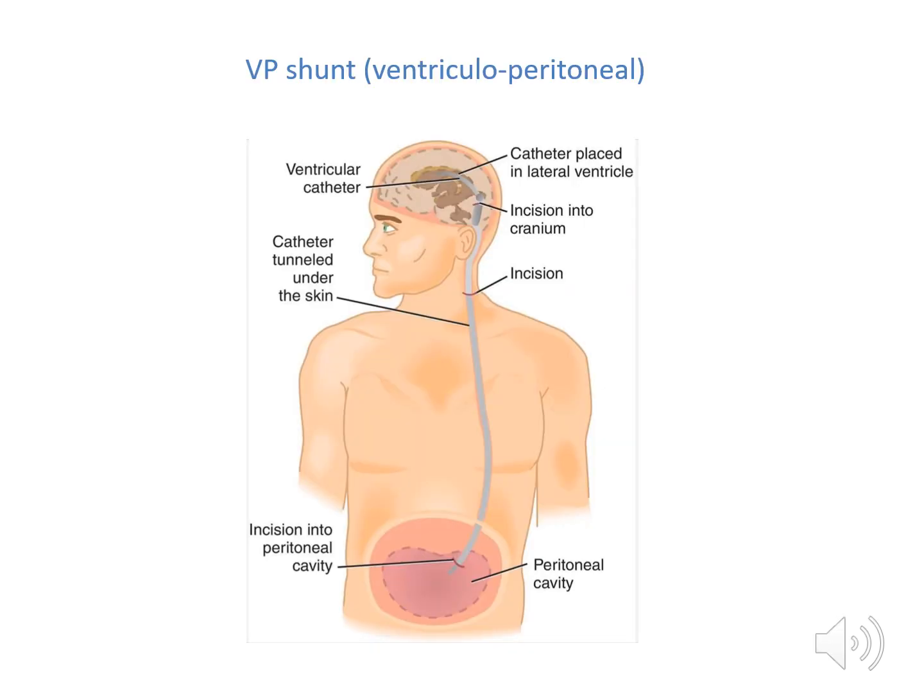And this is an example of something that we might do if the intracranial pressure is getting too high. This is a VP shunt, which stands for ventriculoperitoneal shunt. So one end of that shunt is in a ventricle of the brain, and the other end is in the peritoneal space. And we can do that because, remember, the peritoneal space is sterile, so we're not going to be introducing organisms into the brain, right?